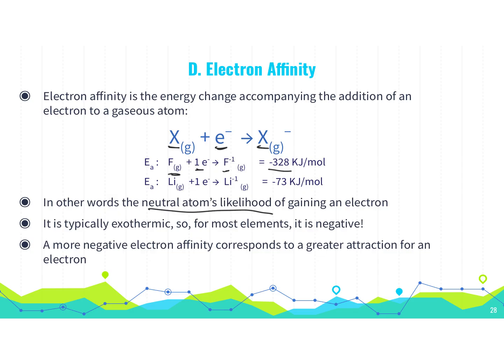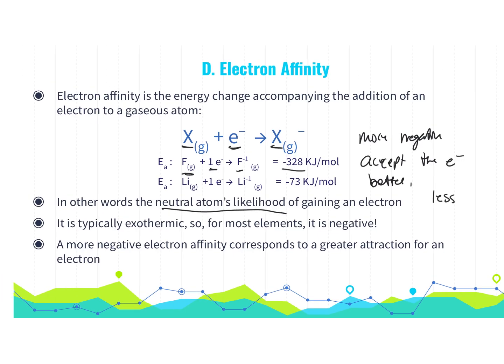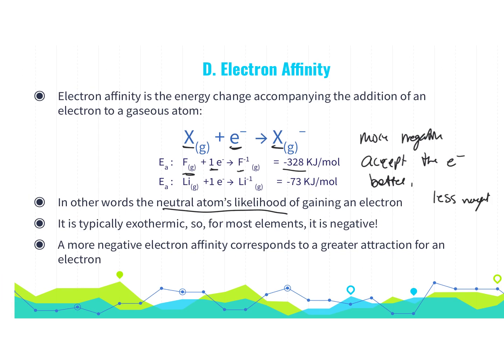If it's really high, or if it's more negative, then that means that there's a greater attraction for that electron. It will accept the electron better. But if it's less negative, it won't accept that electron.